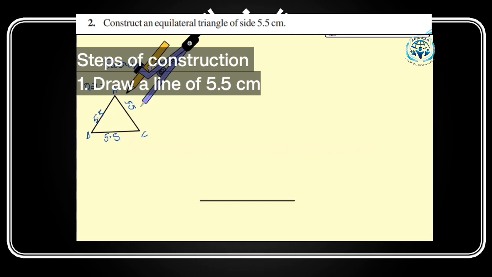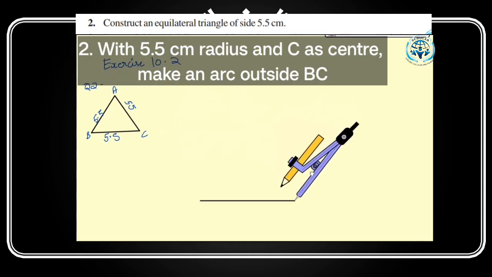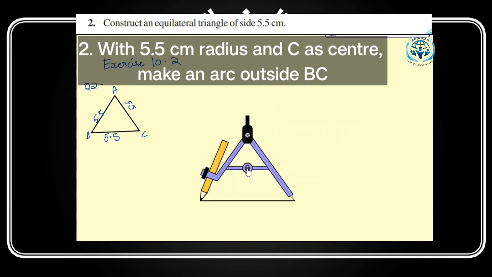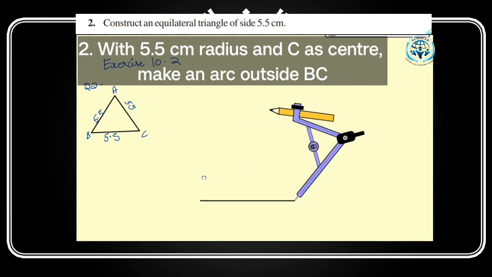Measure this line using compass and make one arc taking C as center, another arc taking B as center.